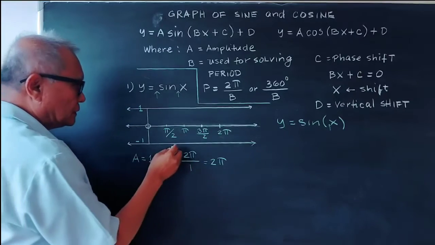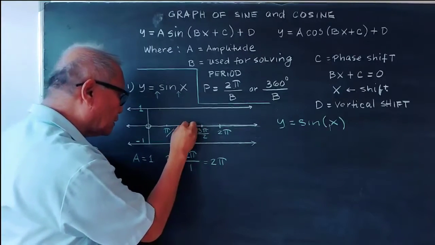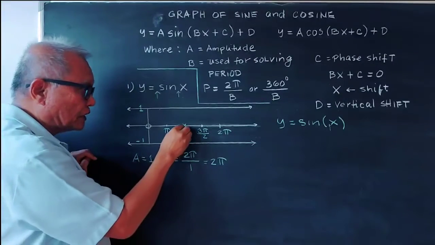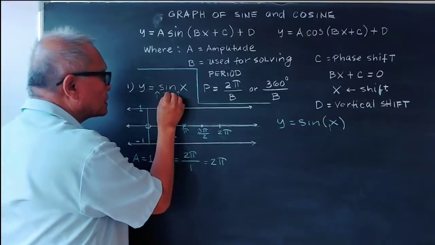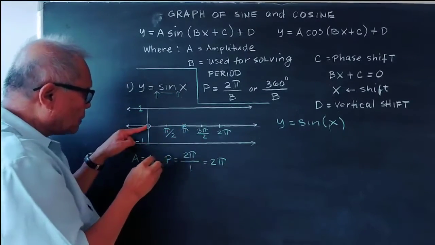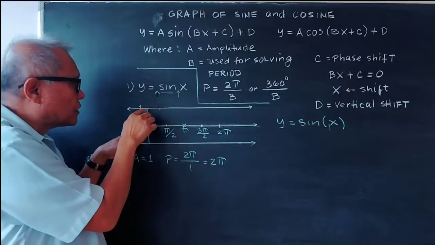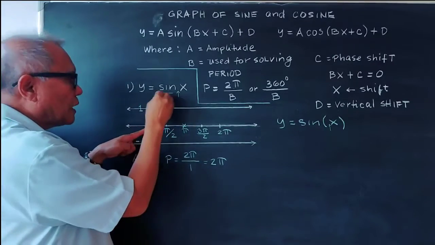After that one, our graph will intersect here on the middle, so it will intersect there. Because this one is sine, it's going to start from the 0. If that is cosine, then it will start on the 1 here. So this one will go up to where?